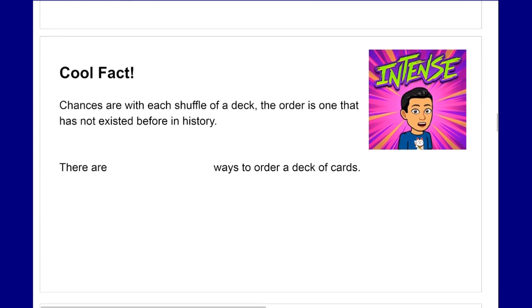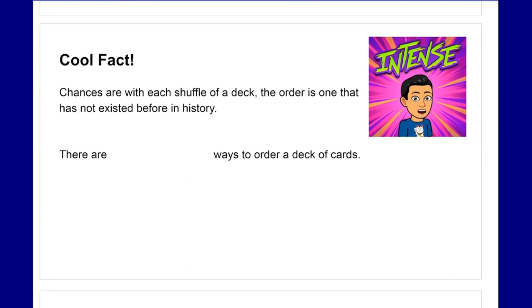So kind of a cool fact, chances are that with every shuffle of a deck, the order is one that has not existed before in history. If you think about it, well, how many cards are there? There are 52 cards, which means there are 52 factorial ways to arrange them.